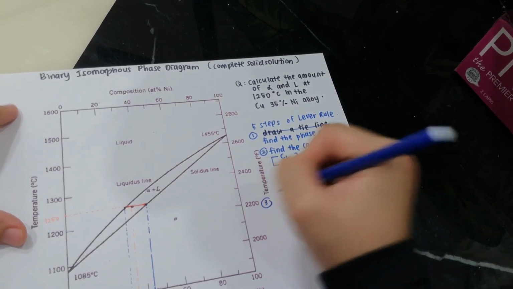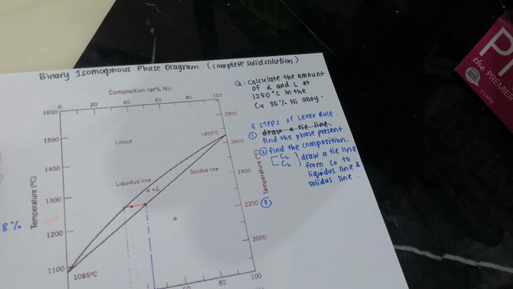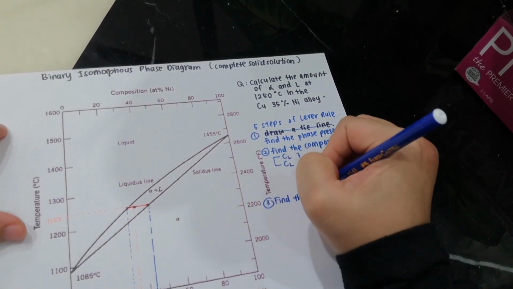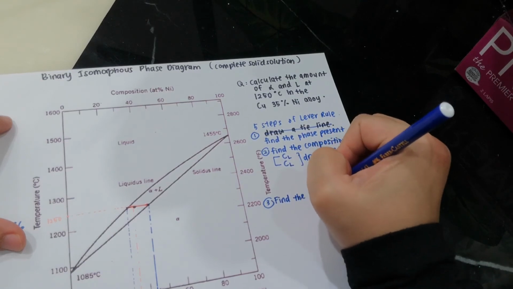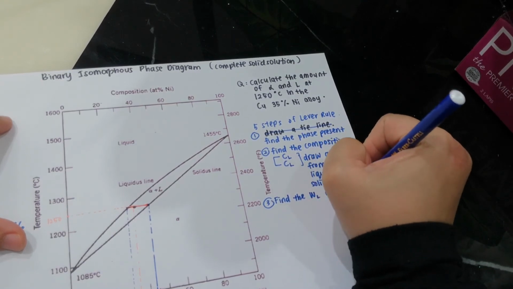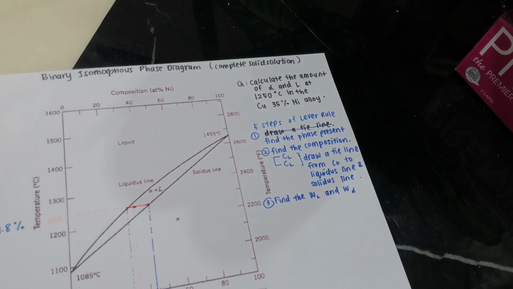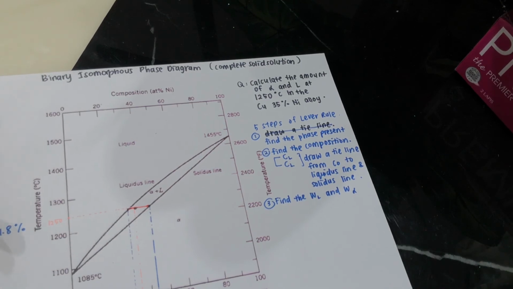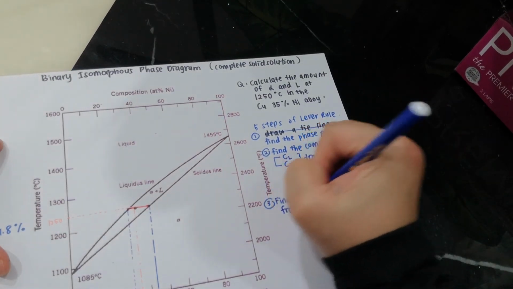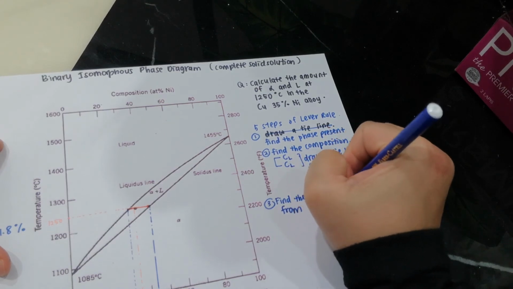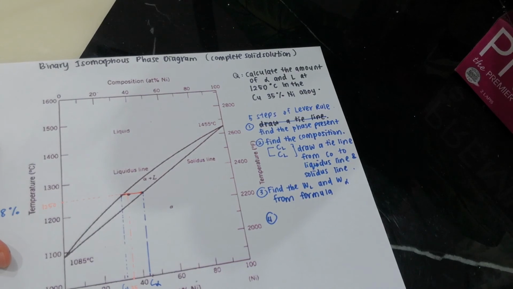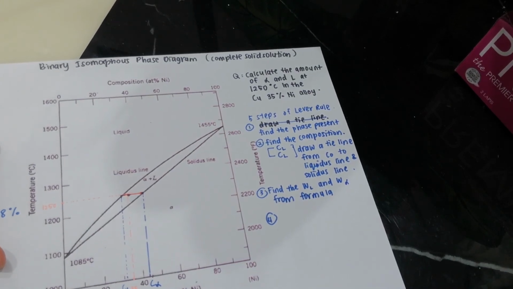Okay, the third step will be to find the relative amounts, WL and W alpha, the fraction of solid and fraction of liquid, from the formula. And 4, we will find the microstructure that occurs in that region.